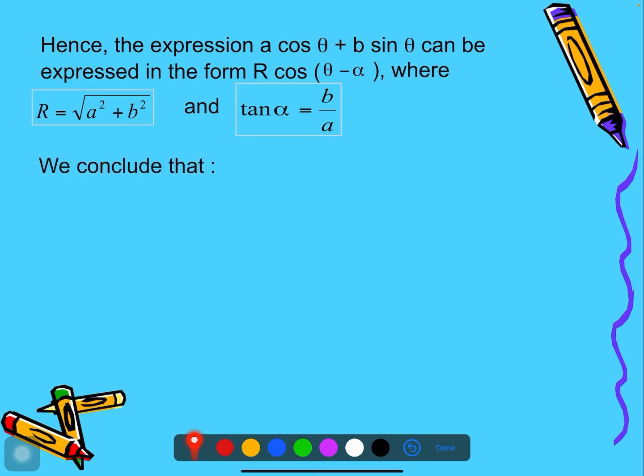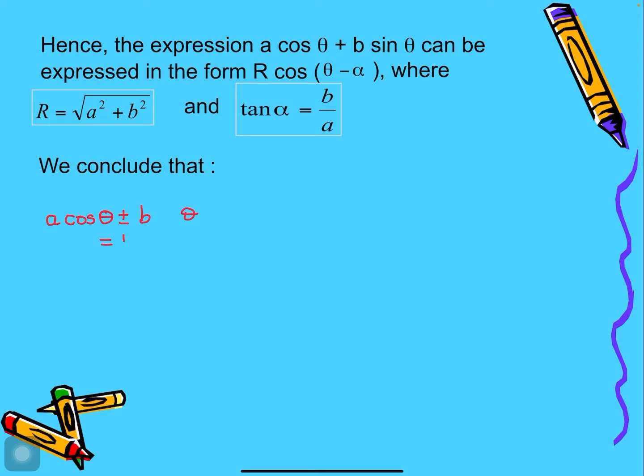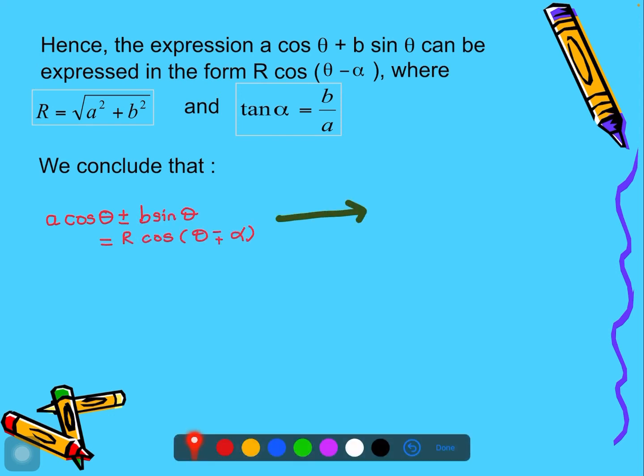We conclude that a cos theta plus or minus b sin theta equals r cos(theta minus or plus alpha), where r equals the square root of a squared plus b squared and tan alpha is b over a.